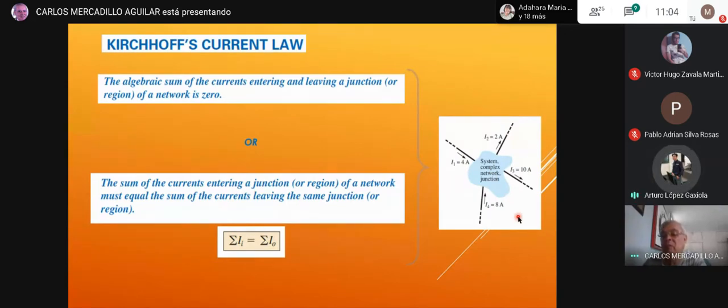La de la flecha para adentro, ¿no? ¿Pero qué números de corrientes? I1 e I4. ¿Y las corrientes que salen? I2 e I3. Entonces, lo que nos dice la ley, que la suma de las que entran debe ser igual a la suma de las que salen.